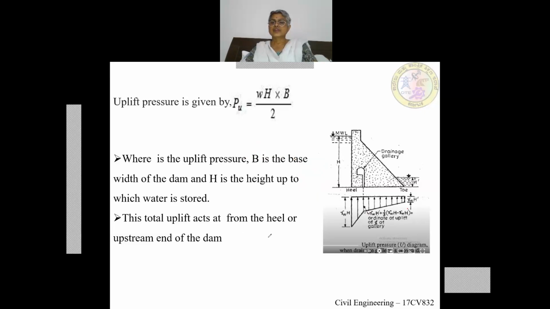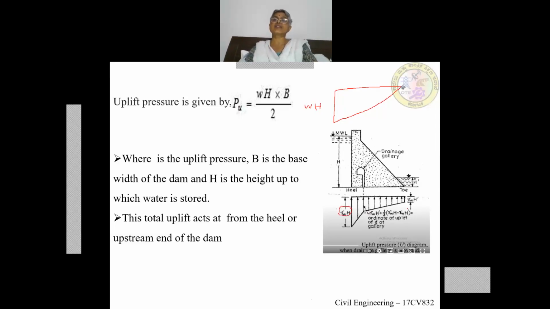This uplift pressure Pu is given by WH into B by 2. So if there is no tailwater, this is how the distribution will be. This is W into H, where W is gamma W, whatever it is, and this is 0 because there is no tailwater.